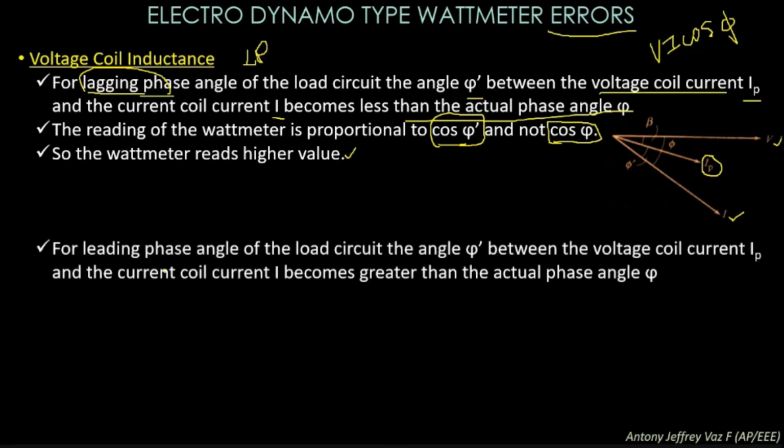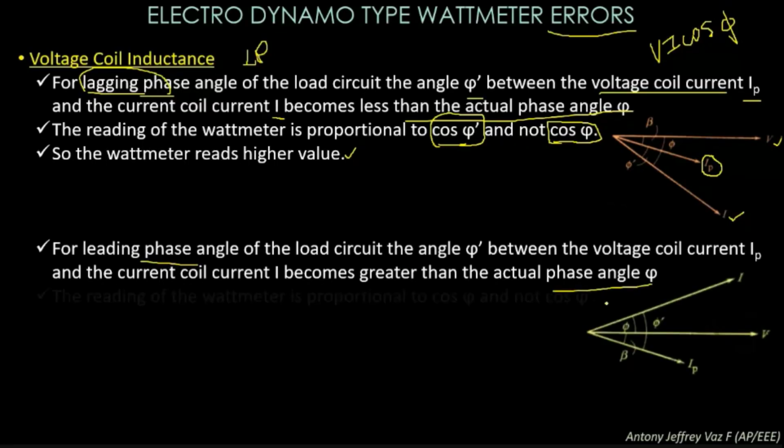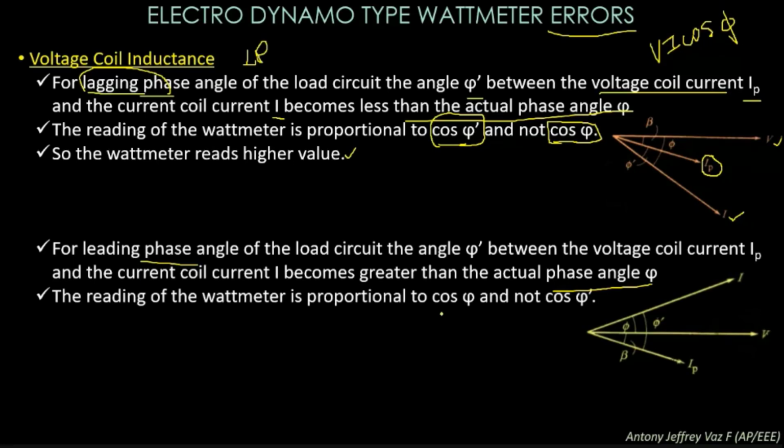Next, for a leading phase angle, it will be inverse. What happens here is the proportional value is for cos phi and it is not cos phi dash. Due to the leading power factor, the amount of current being measured increases to a very large extent over the normal value.